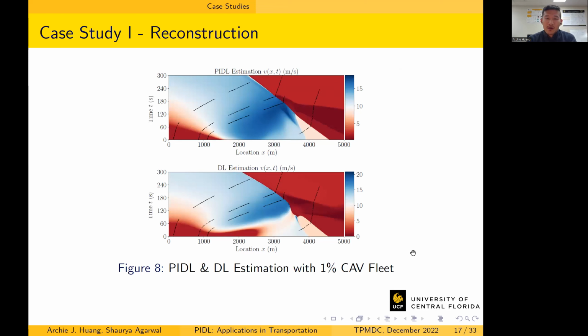Here, a little bit more explanation about what we are doing. In this data set, there are approximately 400 vehicles present on this road segment. We are assuming a scenario in which 1% of this entire fleet are able to communicate with roadside units and transmit data regarding vehicle speed. You see those black dots, they're actually the vehicle trajectories.